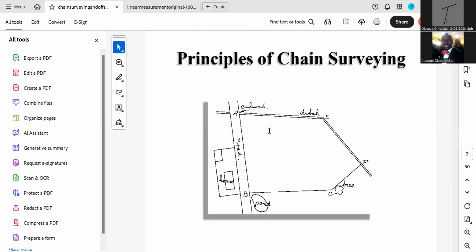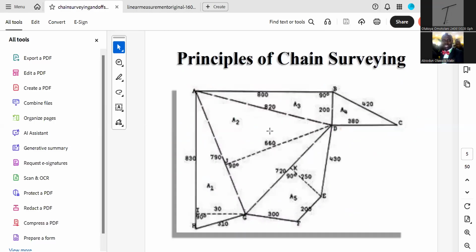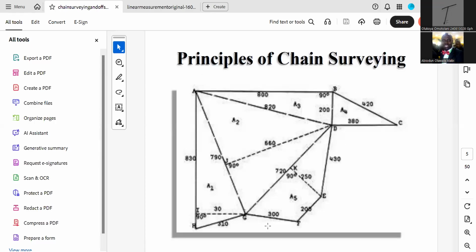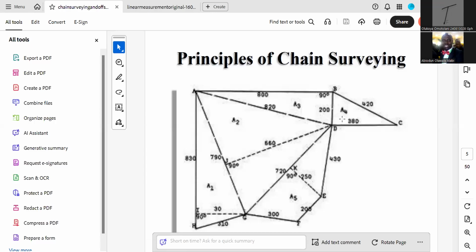So look at this property. We have A, B, C, D, E, F, G, H. These are the points that define the boundary of this property.